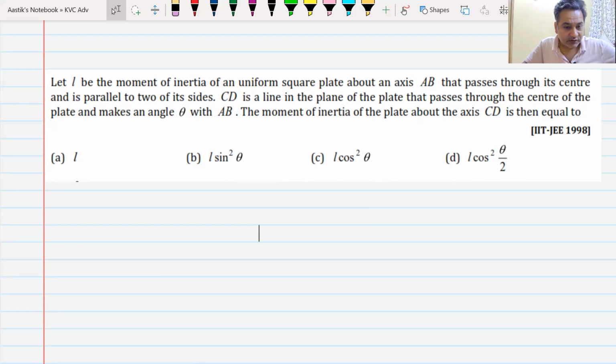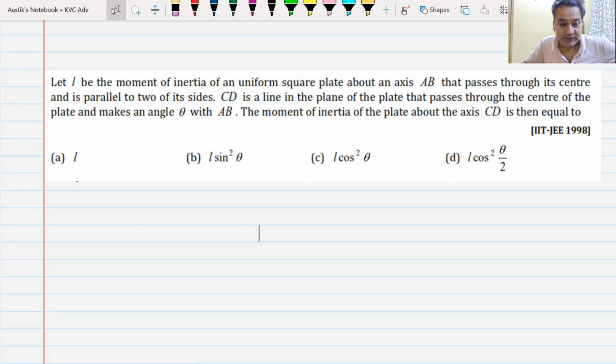I think we did a similar question in the last class. This is a question on a plate. We did a question on rods. I had a rod and I had taken an angle.